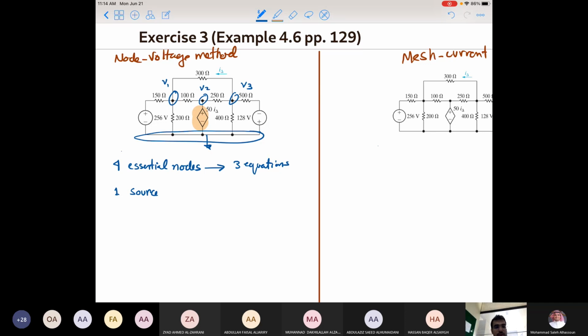This source is going to reduce the number of needed equations by 1. So in total now I have 2 equations.